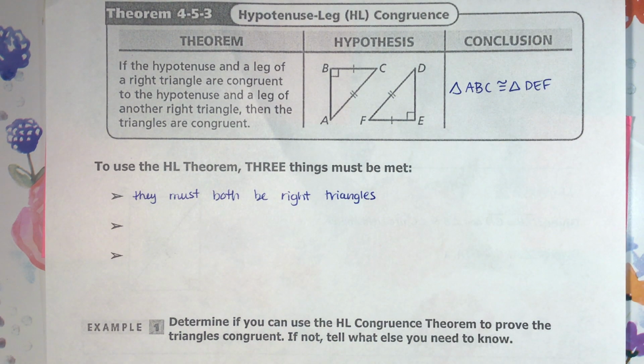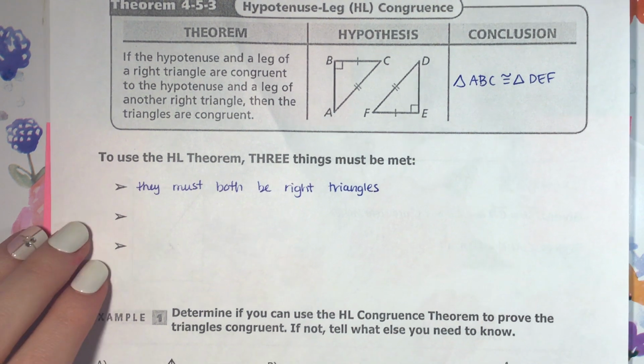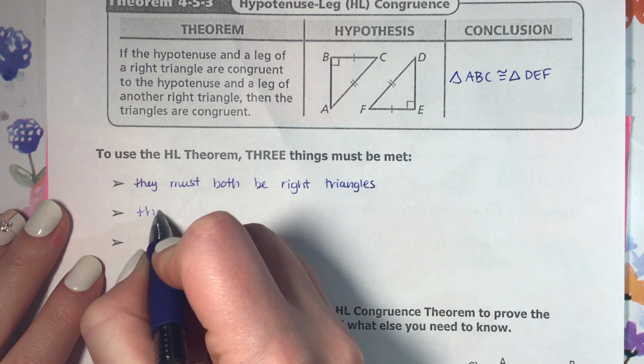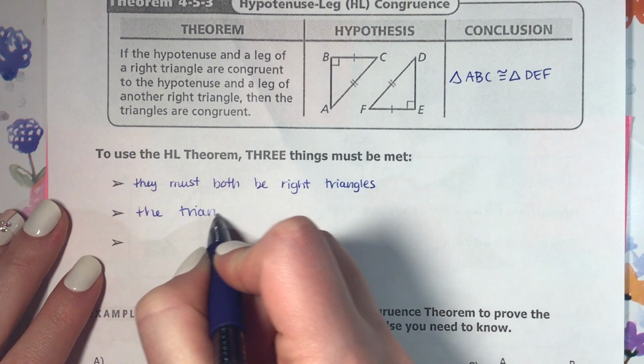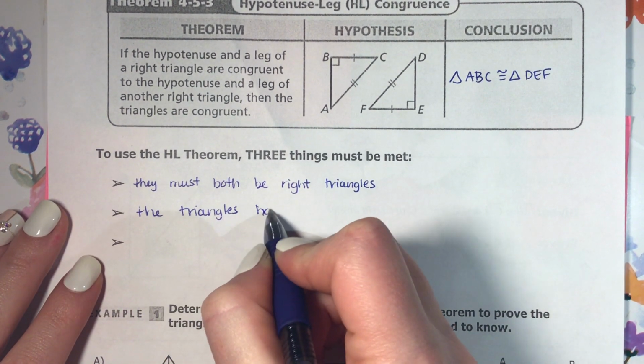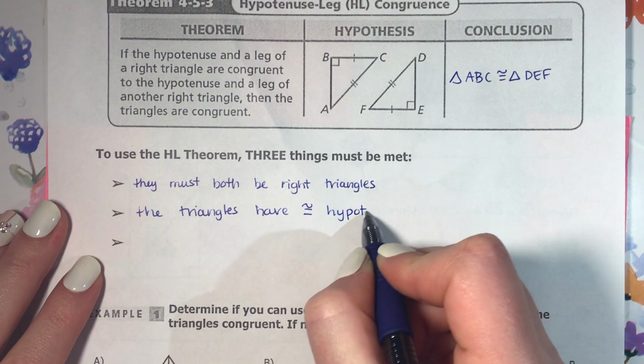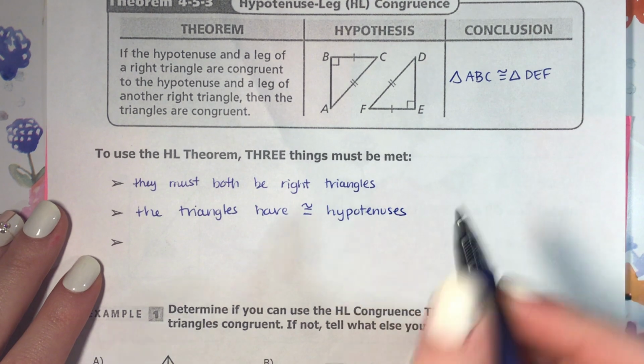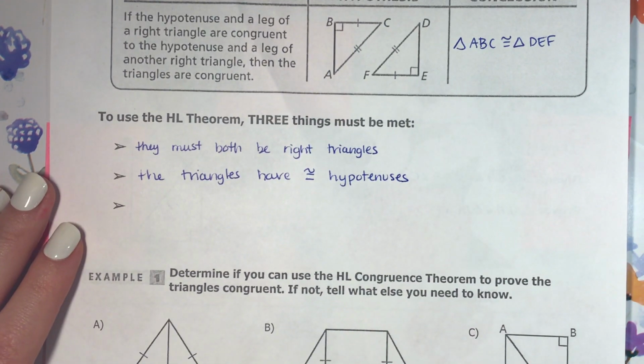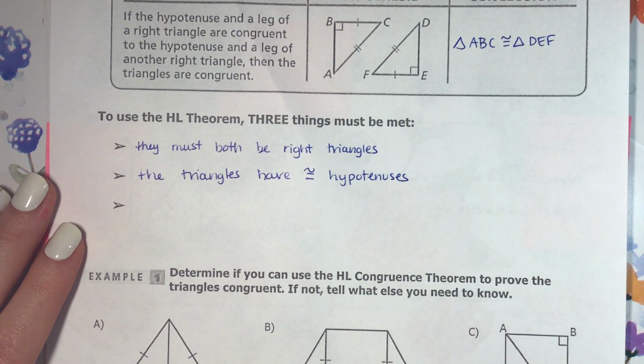You also must have both of the hypotenuses congruent. So the triangles have congruent hypotenuses. And finally, they also need one pair of legs that are congruent.